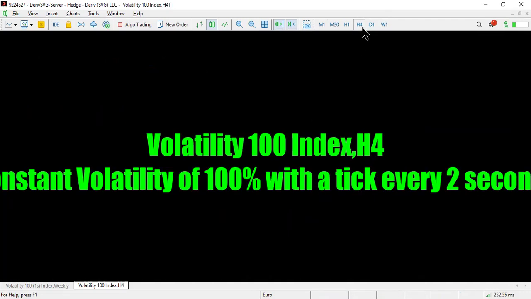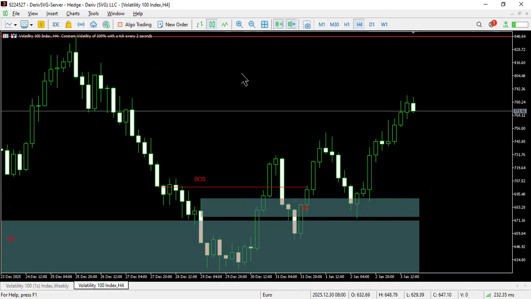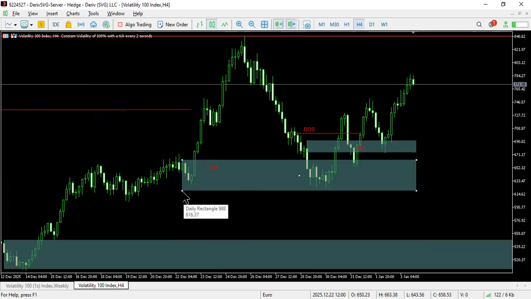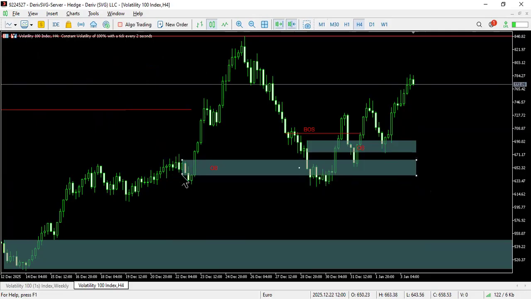If we go to the 4 hours time frame, this is the 4-hour order block where price reacted and it's pushing from there.